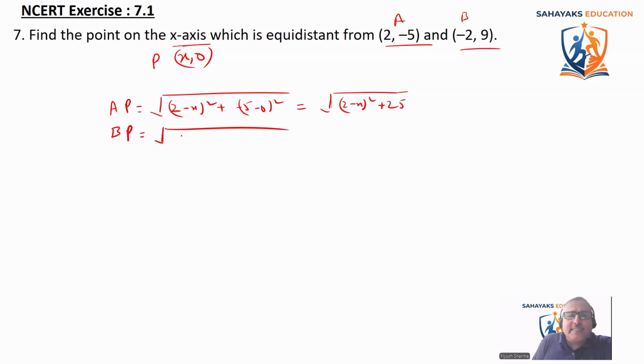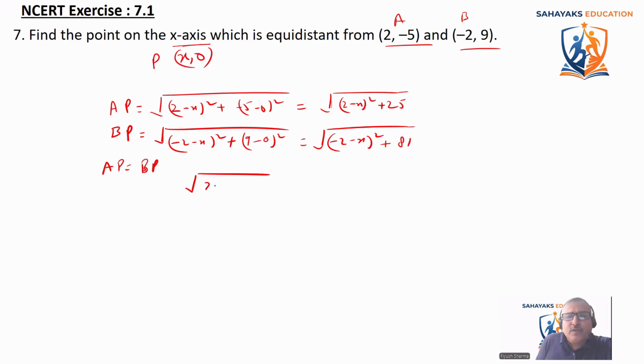Square root of (minus 2 minus x) whole square plus (9 minus 0) whole square is equal to (minus 2 minus x) whole square plus 81. Now we know AP is equal to BP, so we can equate this: square root of (2 minus x) whole square plus 25 is equal to square root of (minus 2 minus x) whole square plus 81.